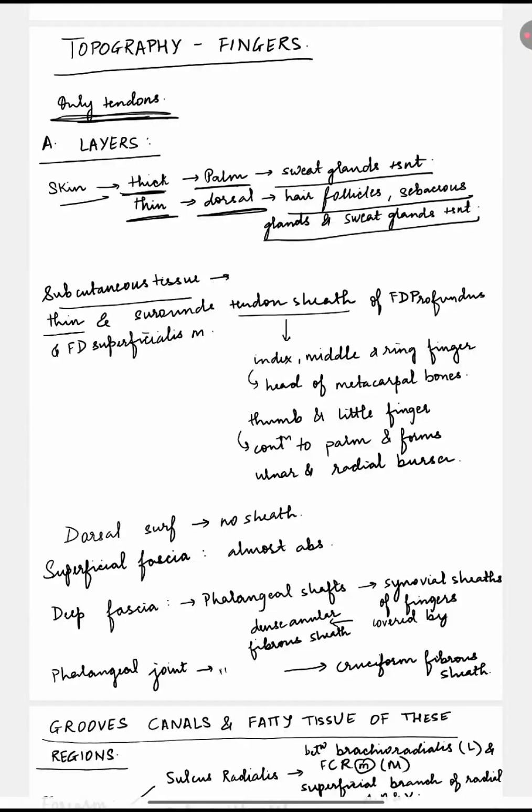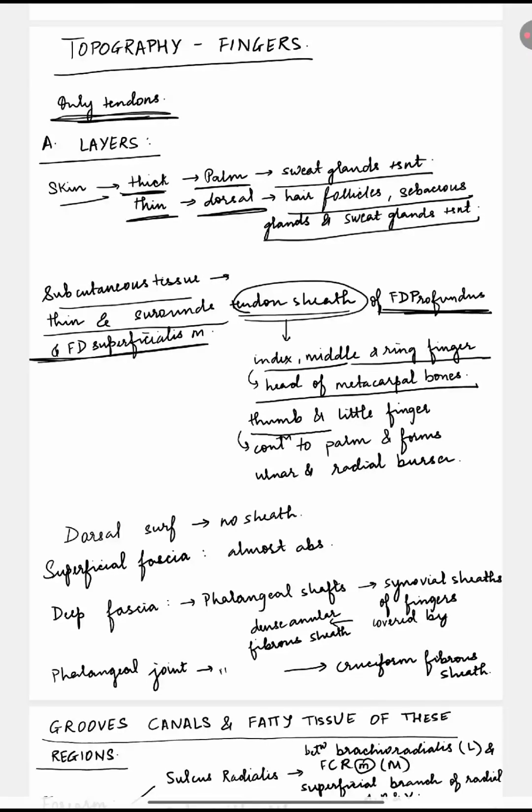Subcutaneous tissue, thin and surrounds the tendinous sheath of flexor digitorum profundus and flexor digitorum superficialis muscle. Now this tendinous sheath is index, middle and ring finger, where head of the metacarpal, thumb and little finger, continuation of palm and forms ulnar and radial bursa.